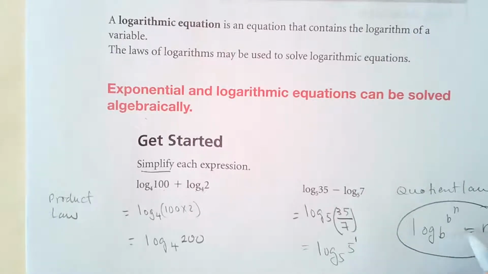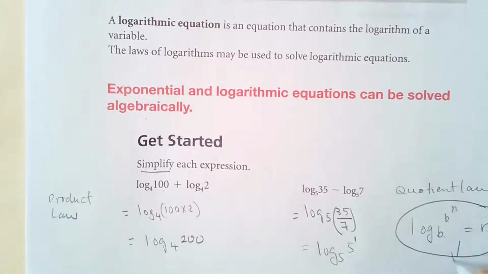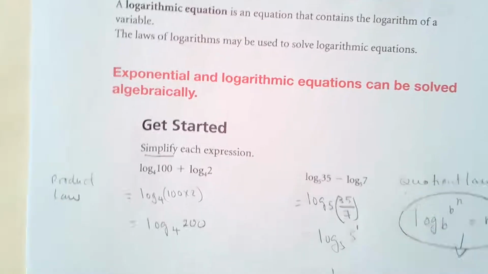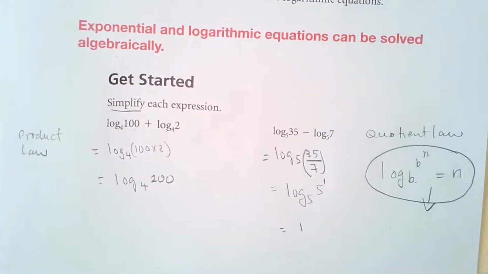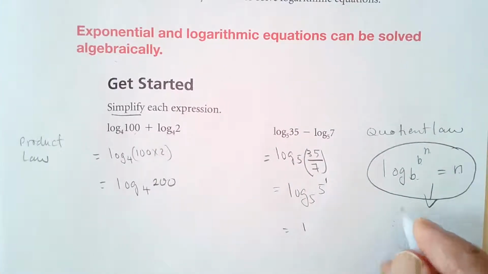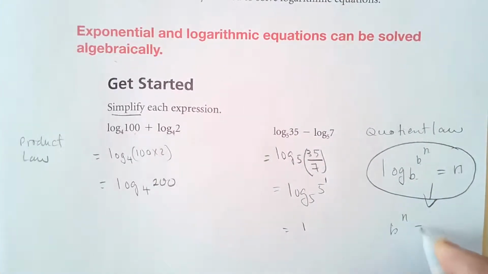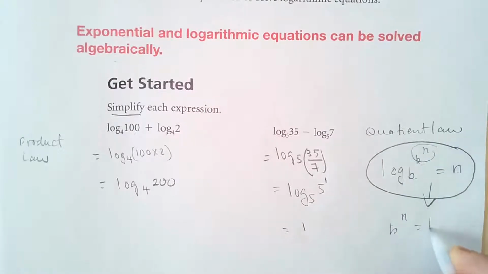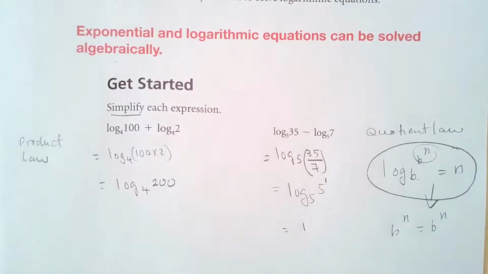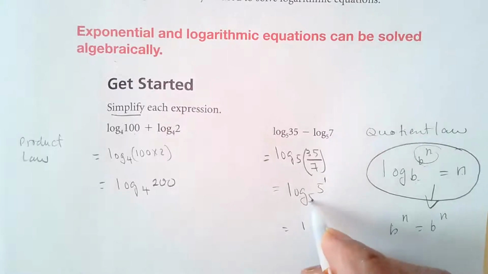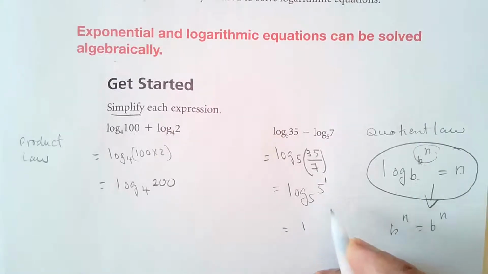And remember, if you were to write this in exponential form, this would be b to the n is equal to b to the n. Or in this case, we have 5 to the 1 is equal to 5 to the 1.